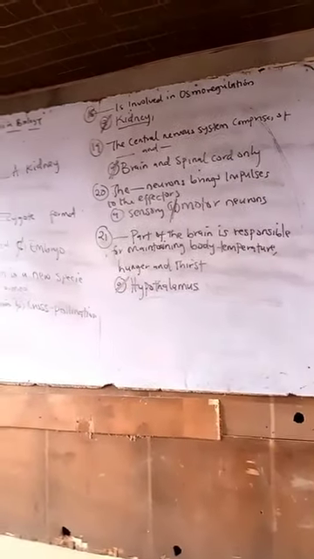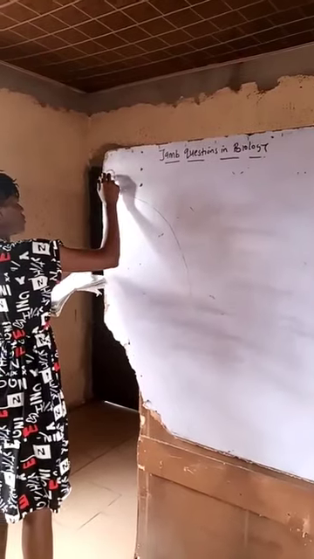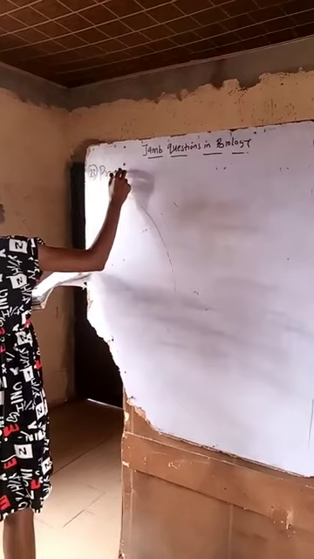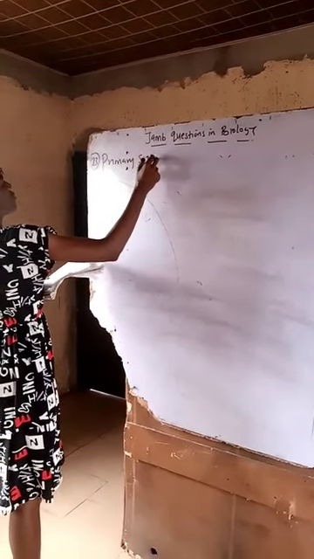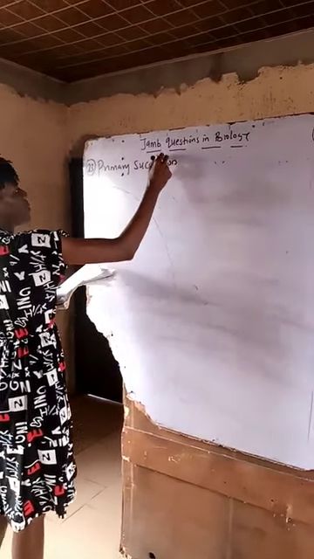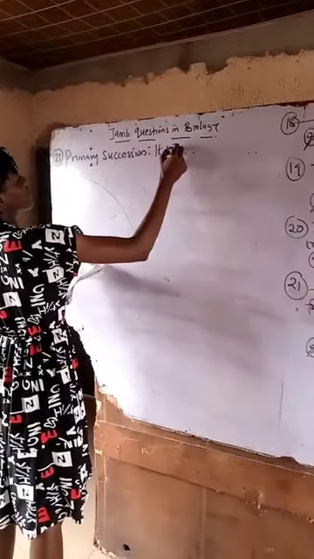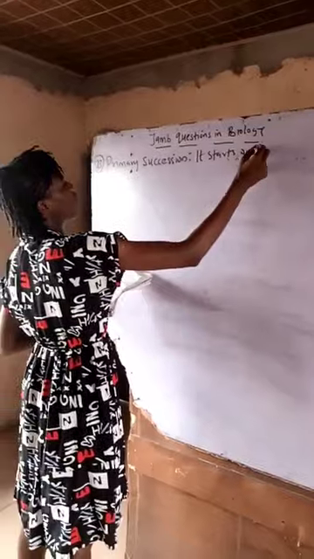Okay, succession. That's 23. Primary succession. Okay, primary succession. Now this one, it starts on a bare ground.